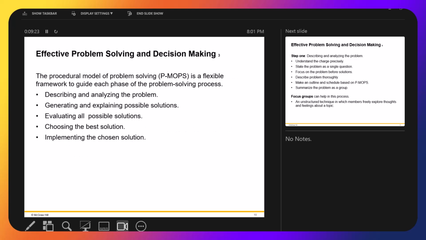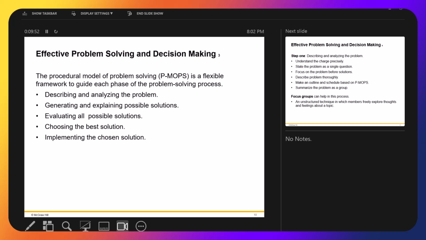The procedural model of problem solving, PMOPS, is a flexible framework to guide each phase of the problem solving process. First, describing and analyzing the problem. When you describe and analyze a problem, I can tell you what it is, and I can tell you the depth and the scope of that problem. Then, generating and explaining possible solutions.